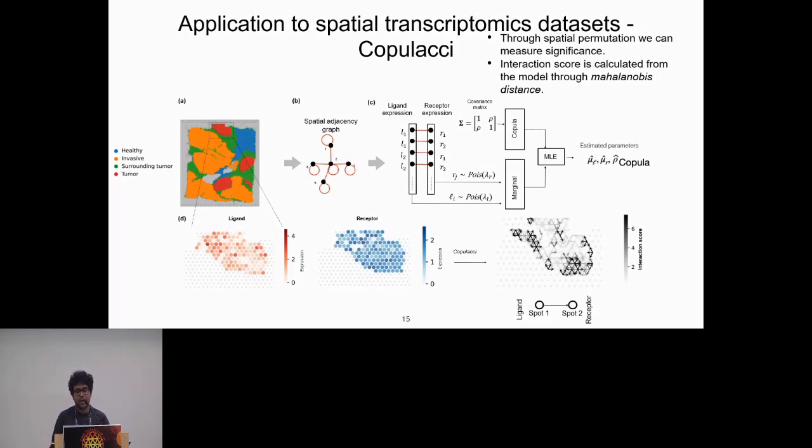And then we can use marginal distributions and Gaussian copula, and then run a maximum likelihood estimate to infer the covariance structure, basically. And this gives us many interesting features. One is that since this is a spatial data set, we can estimate a background distribution by permuting the spatial points, and can also analyze significance of the detected interaction.